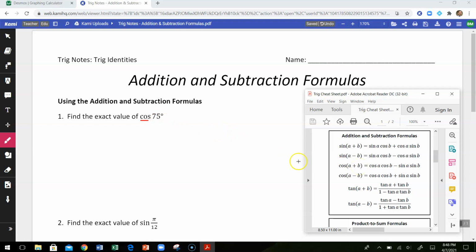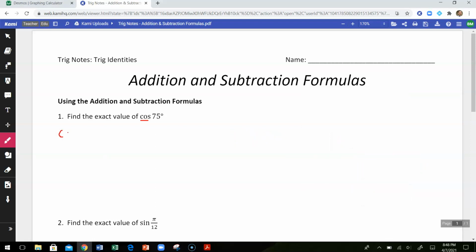So if we rewrite 75 as 30 plus 45, then I can use this formula to evaluate that. So if we let A be 30 and B be 45, then we're going to be doing the cosine of 30 times the cosine of 45 minus the sine of 30 times the sine of 45.